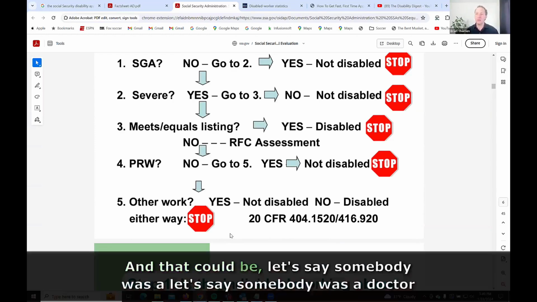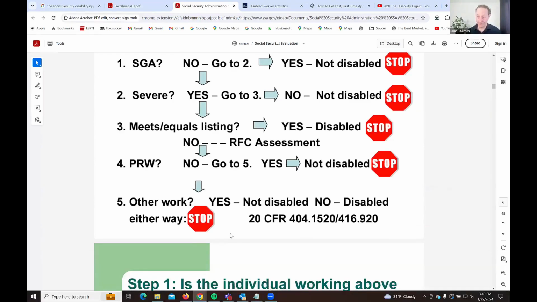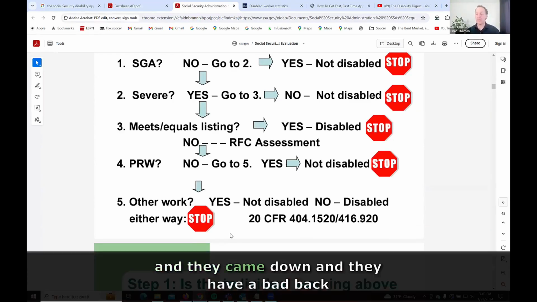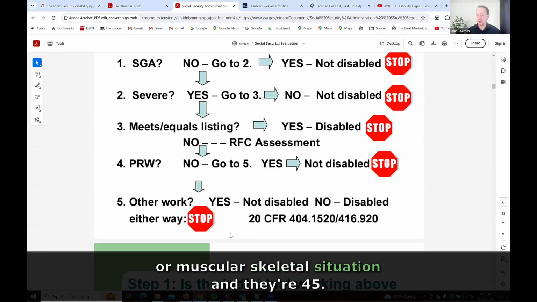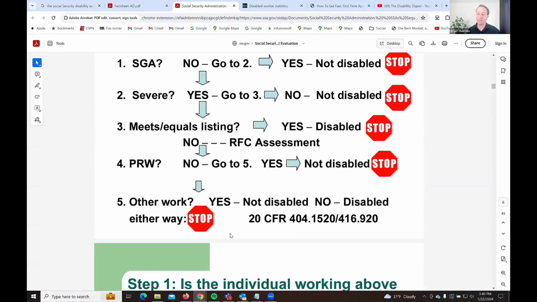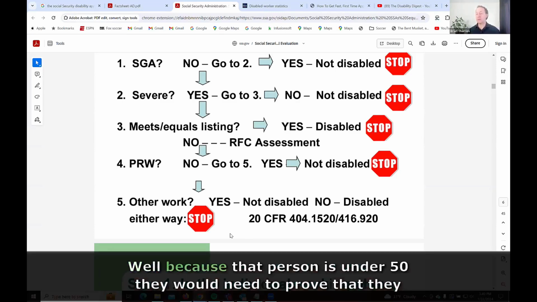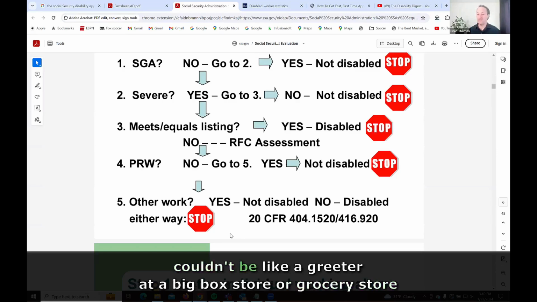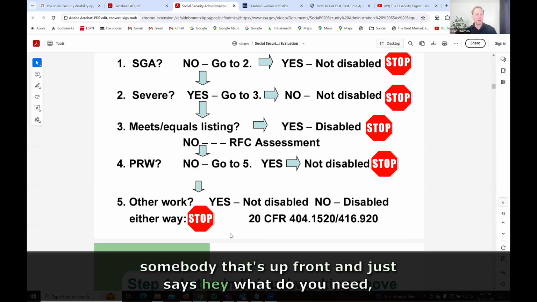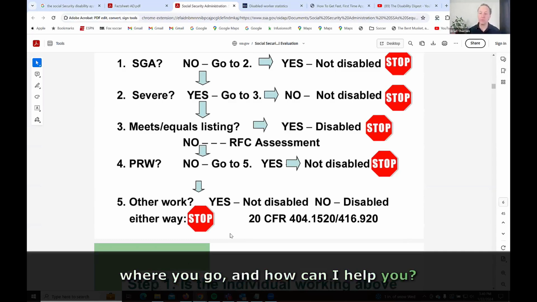And that could be, let's say somebody was a doctor, and they came down and they have a bad back or musculoskeletal situation, and they're 45. Well, because that person is under 50, they would need to prove that they couldn't be like a greeter at a big box store or a grocery store, somebody that's up front and just says, "Hey, what do you need? Where are you going? How can I help you?"